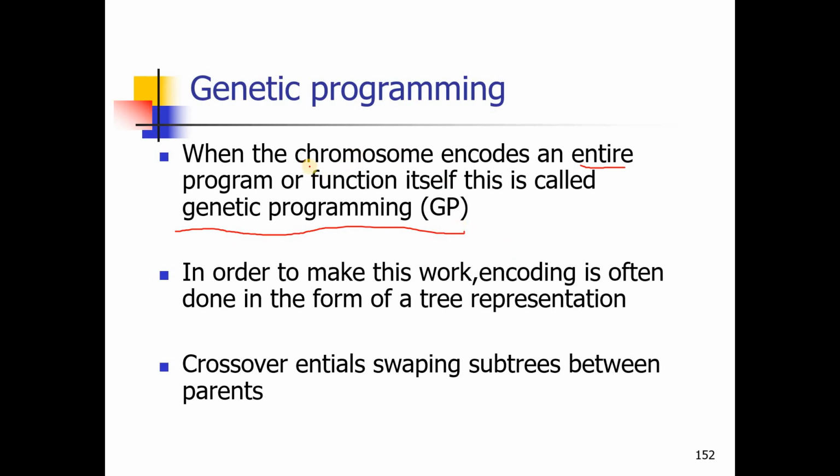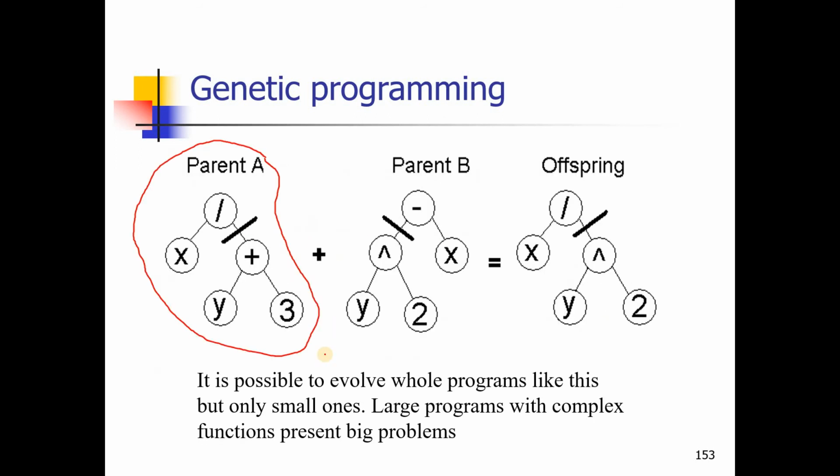So remember, the state represents a whole program or a function. The encoding is often done using this tree representation, and the rest of the theory is the same. For crossover, we just swap one part of the tree, for example. Here you have 2 parents, A and B, and these are the cuts created inside the tree: one cut, second cut.